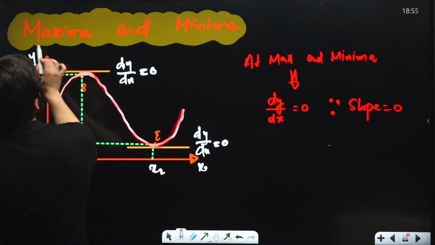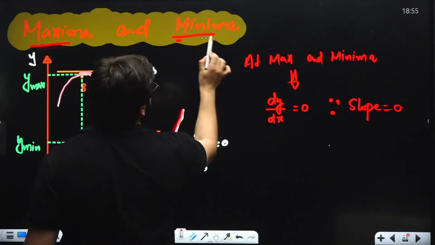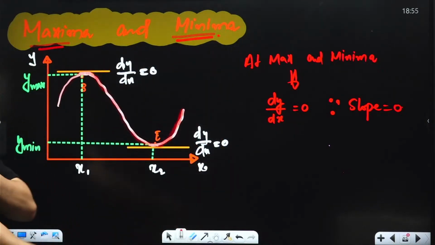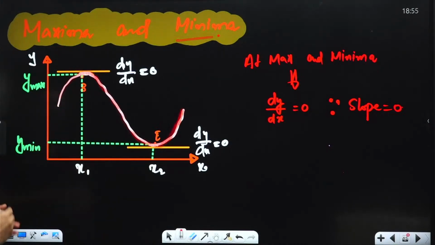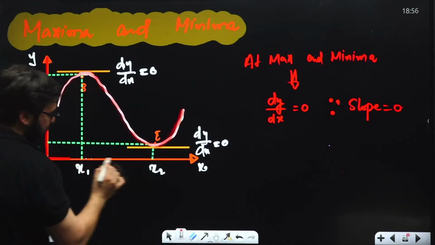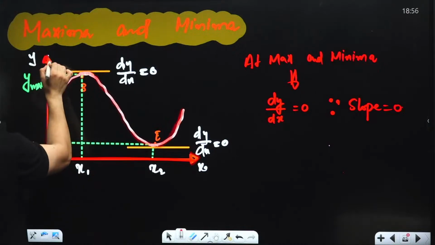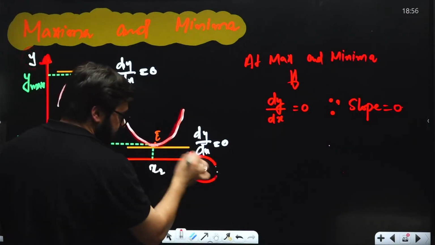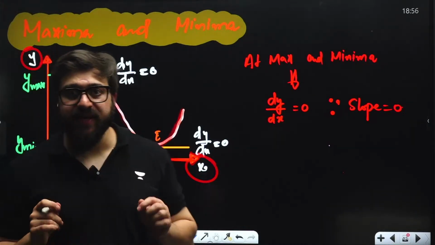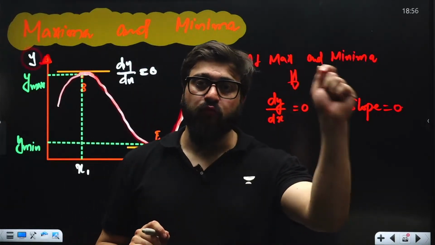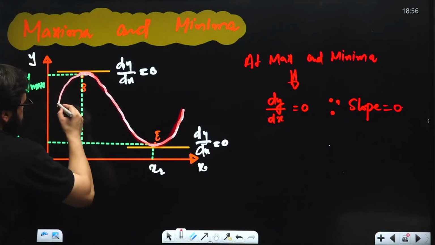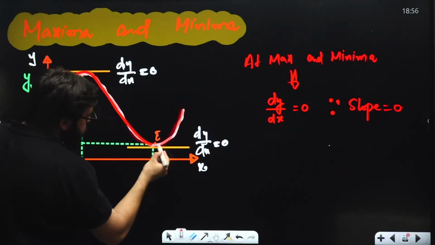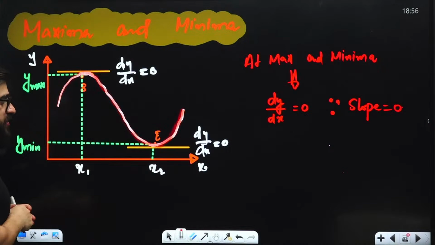See guys, when it comes to the concept of maxima and minima, I would want you guys to understand one thing. Let's suppose I am taking a graph over here between y versus x, and the graph is something like this.